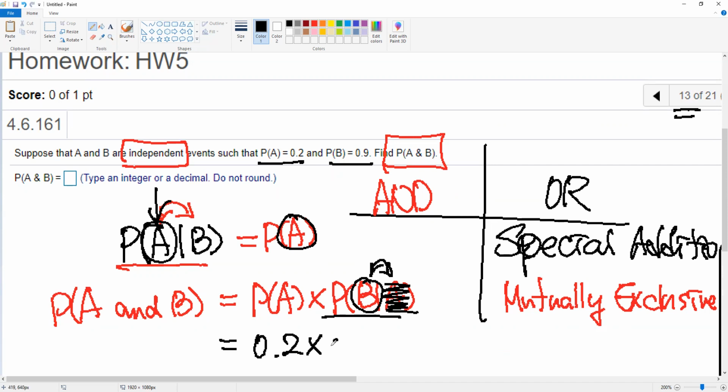It's 0.2 times 0.9. That will be 0.18. Let me check. 0.18.